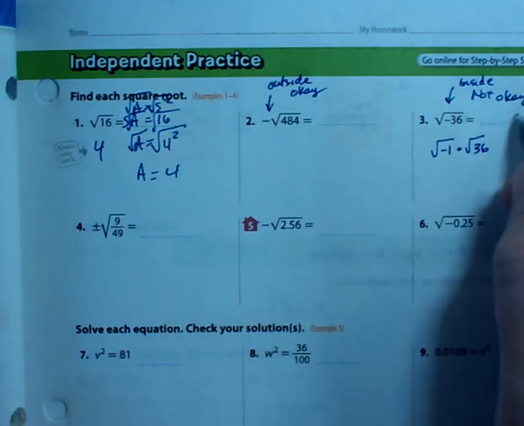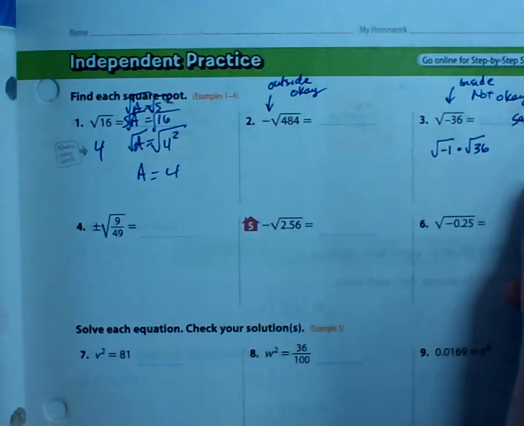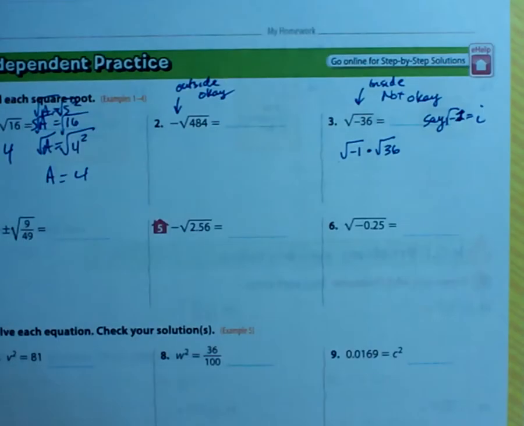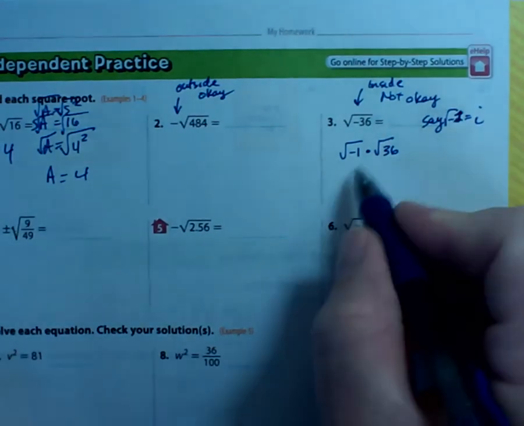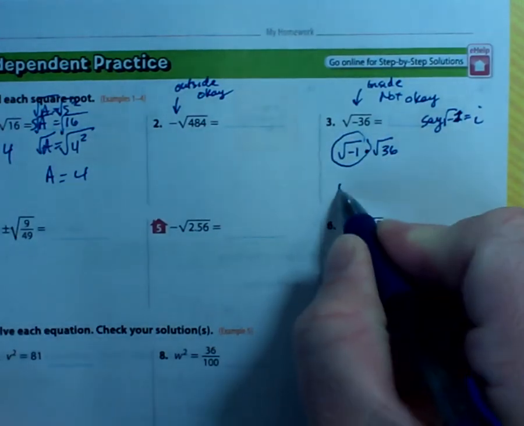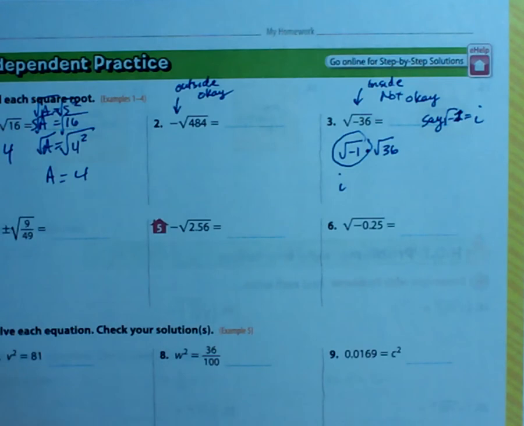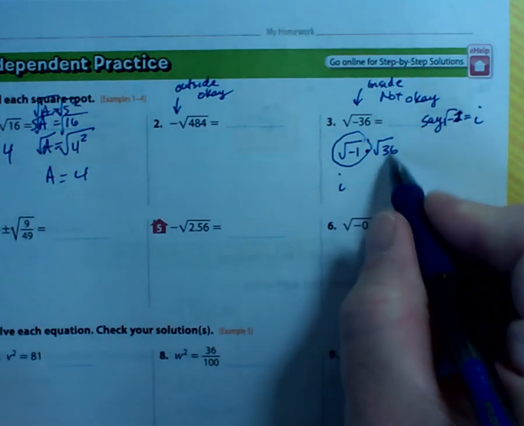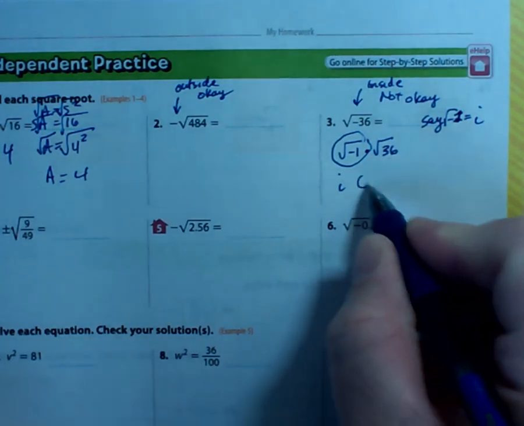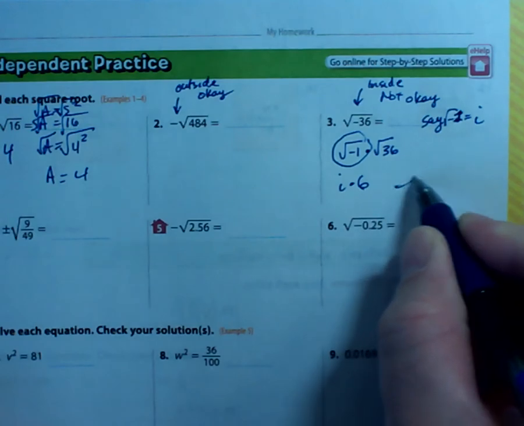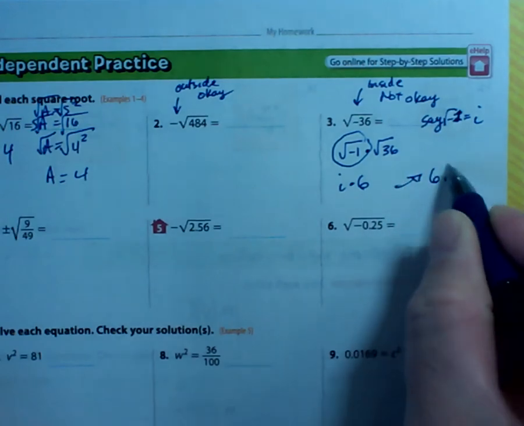The square root of negative 1, we called it i. We're just going to call this thing the letter i for now. That's good enough for 8th grade. And here the square root of 36 is 6, but we don't write the i first. We're going to write 6i.